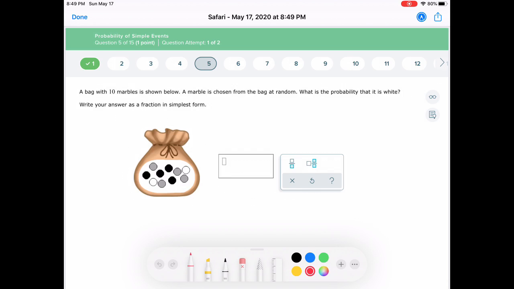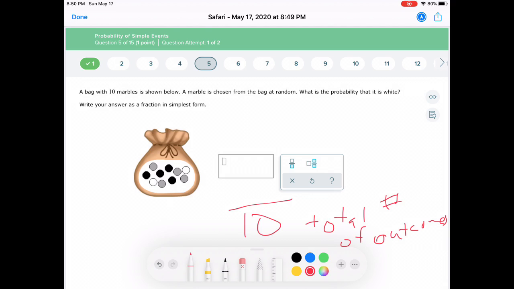In this case, you could get 4 black marbles, 4 gray marbles, or 2 white marbles, but altogether there are 10 marbles. So that is basically the total number of outcomes, and that's what you have to divide by when you're trying to find probability.